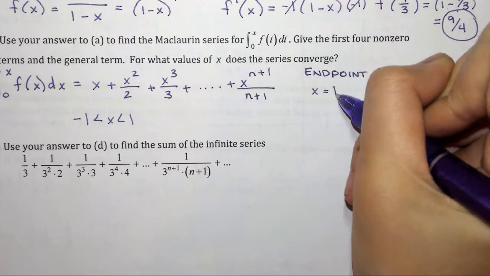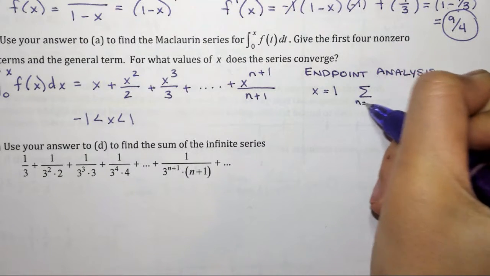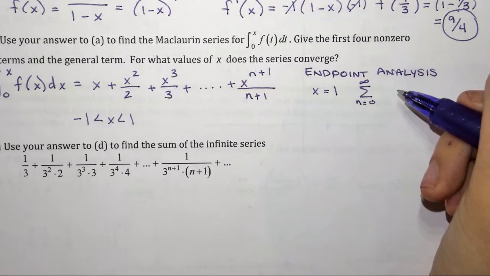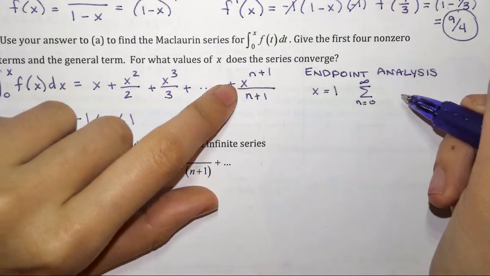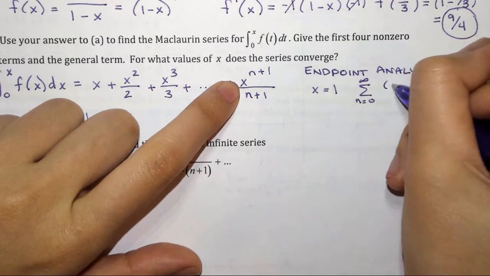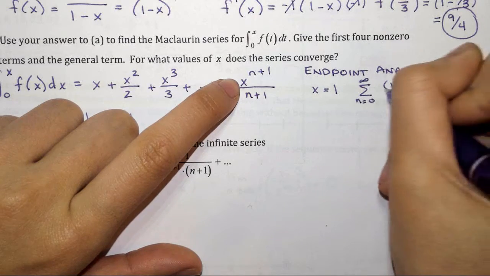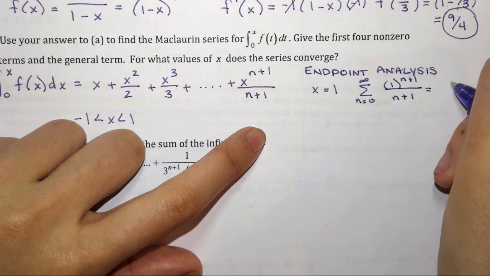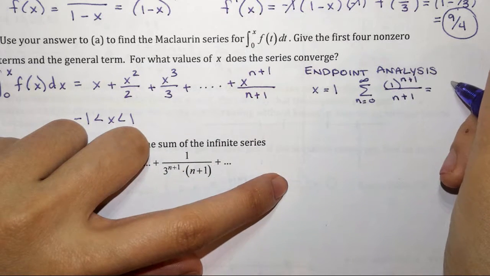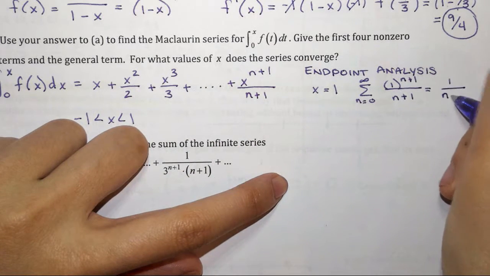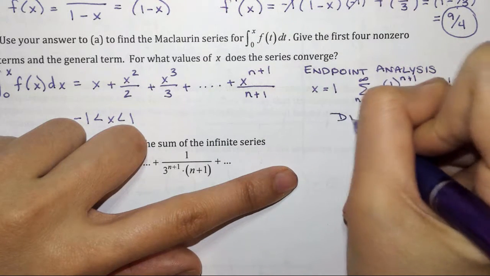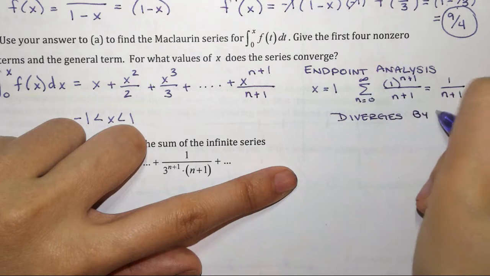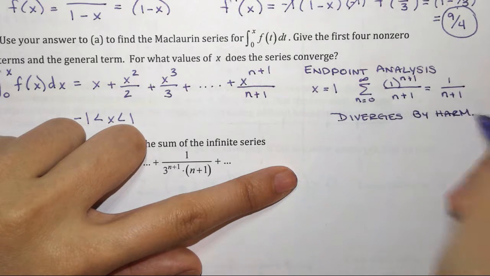So at x equals 1, I plugged in 1 for x here into my general term. That's still just 1 over n plus 1. And so this is going to diverge by harmonic. Okay.